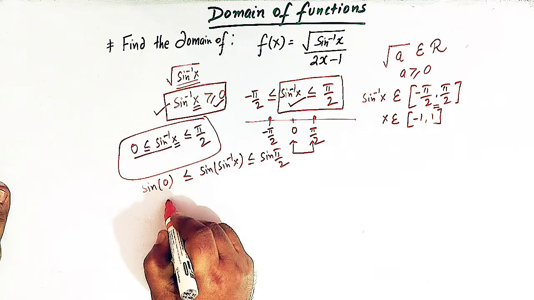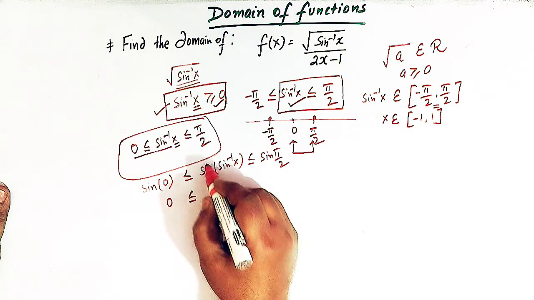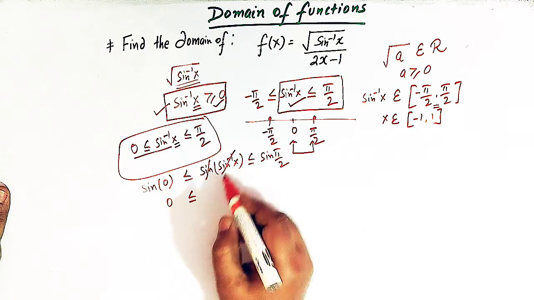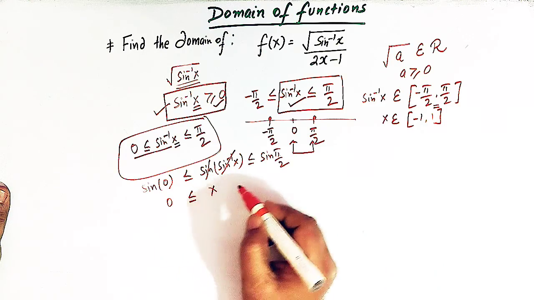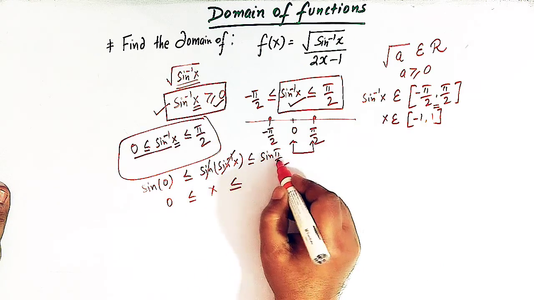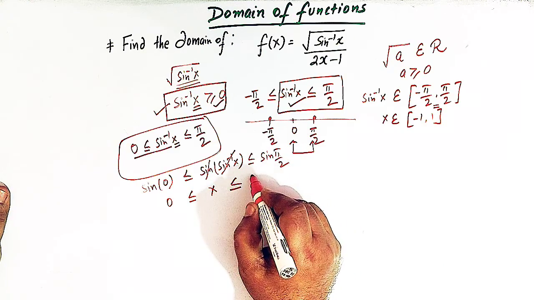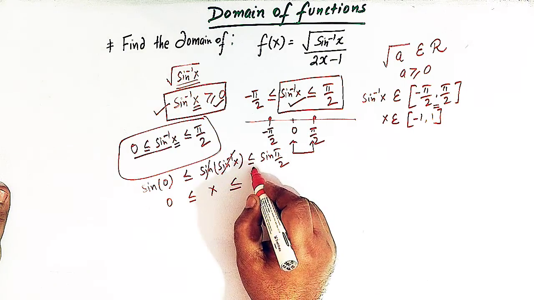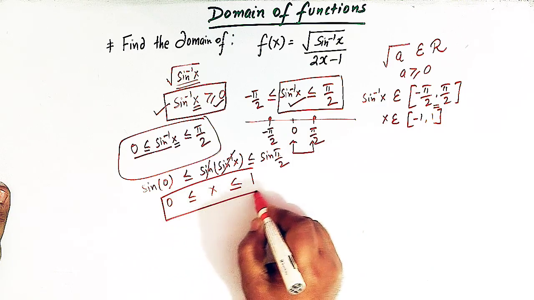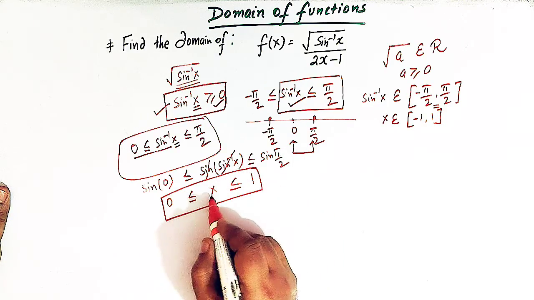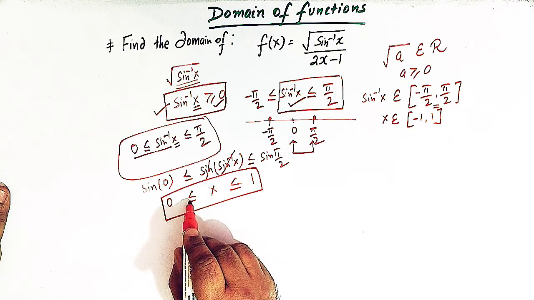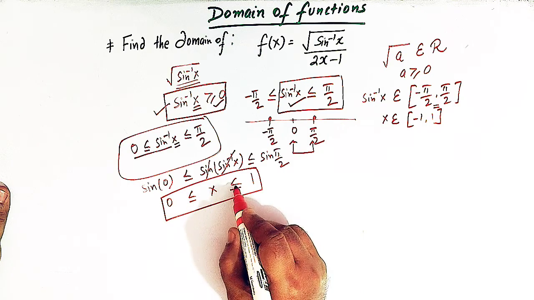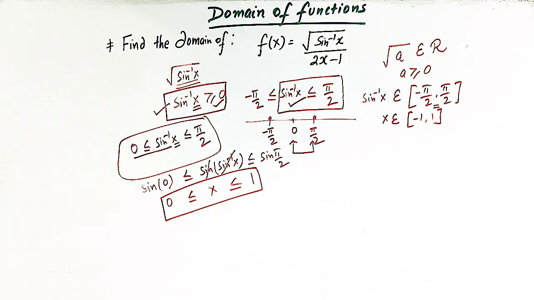So sine 0 is simply 0, and here sine and sine inverse get cancelled, so we have x, and here we have sine pi by 2 which is equal to 1, right? So now we have obtained this inequality, that is x is greater than or equal to 0 but it is less than or equal to 1.